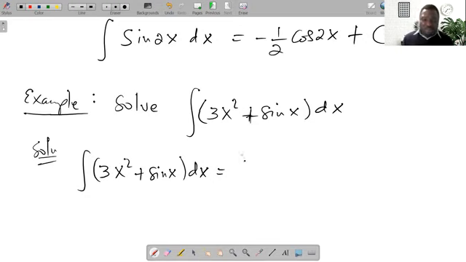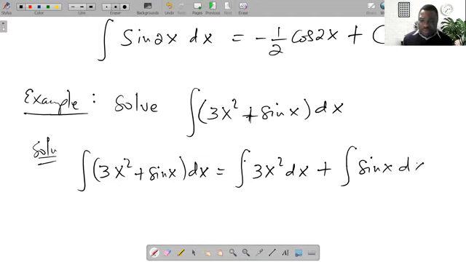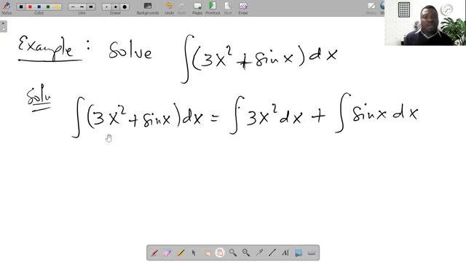So we can always split this up as this. Look at it carefully. So long as you have addition and subtraction, you can always split them as such, okay? And then take your integral.